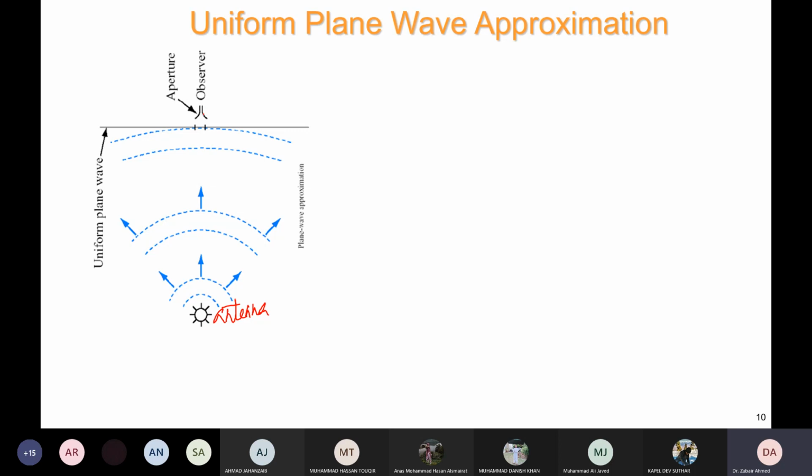So in terms of lambda, locally you will experience a plane wave, and so we are talking about the plane wave solution, and we are also talking about the uniform plane wave.